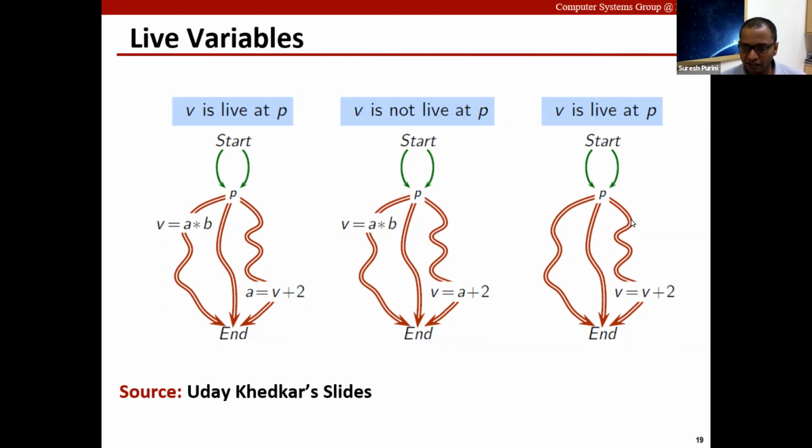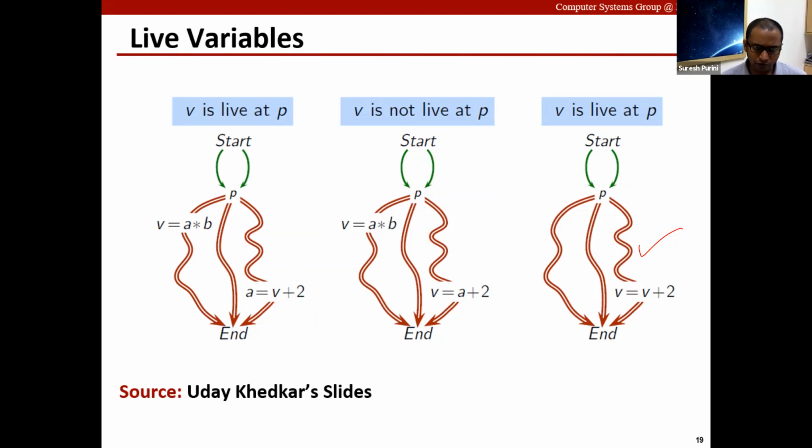But on the contrary, if you look at the last example, v is live because there is a path along which v is used first before it is being defined. So in this path, v is used and defined, but it is all right because v is used before it is defined. So this is good. This is the definition of live variables.